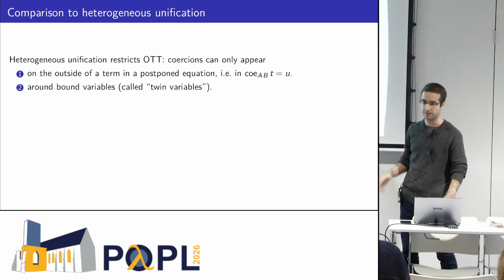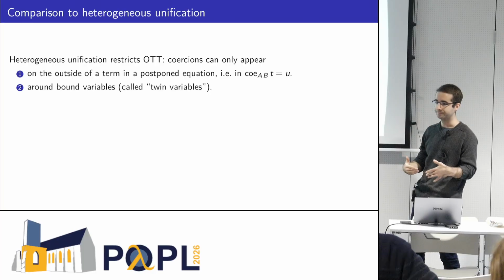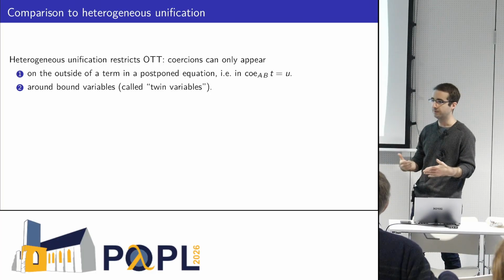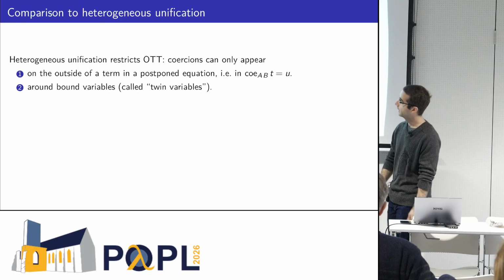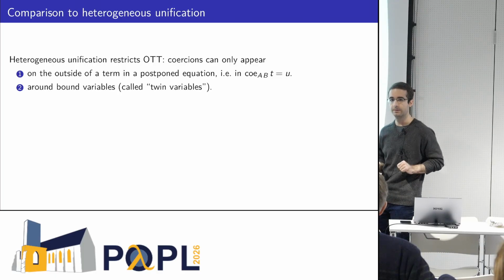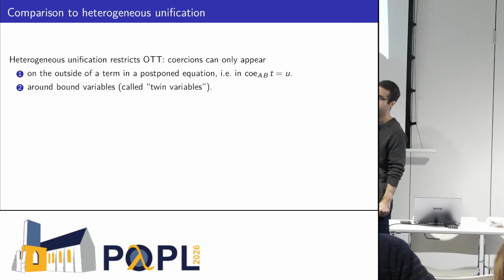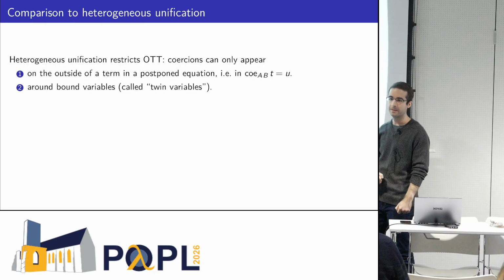I mentioned heterogeneous unification, which already exists, and it is basically a restriction of OTT. The restriction is just that you cannot have coercions anywhere. We have so-called heterogeneous equality constraints, and you can think of it as having a coercion on one side; you can just pick which side.